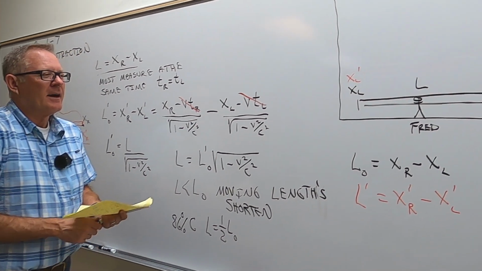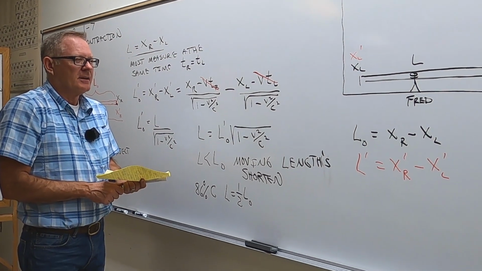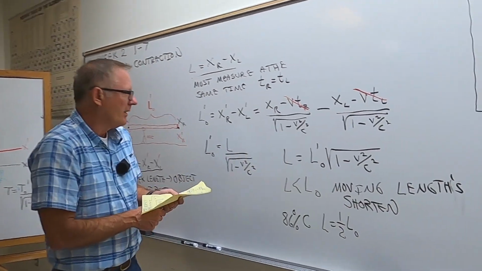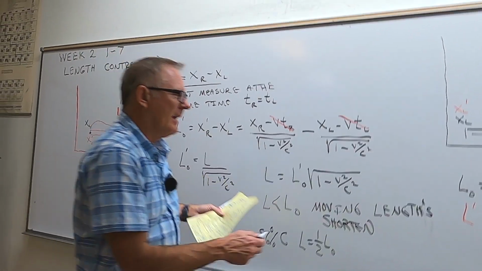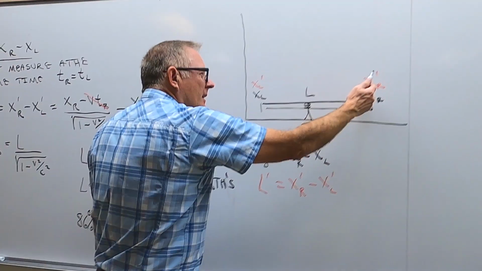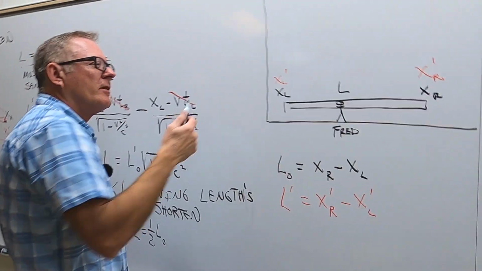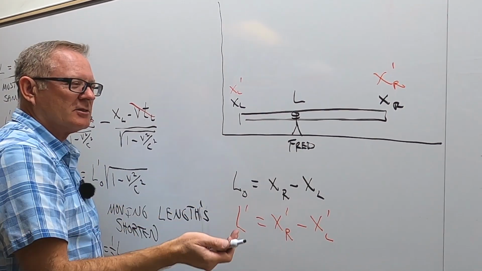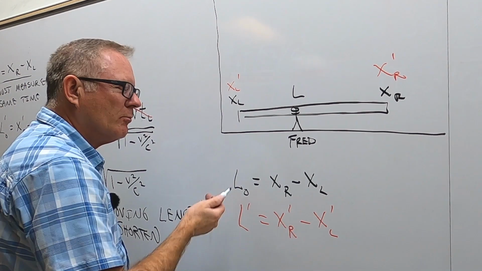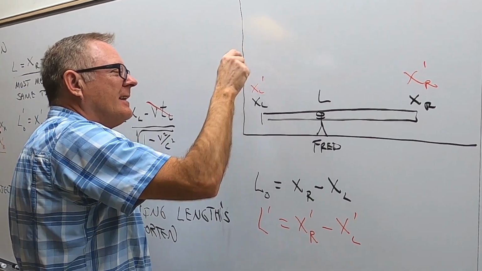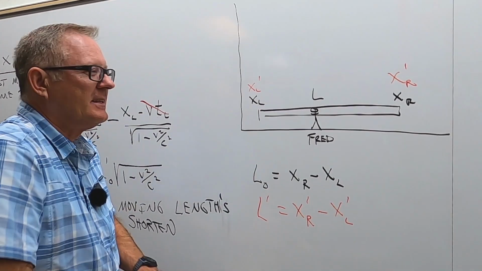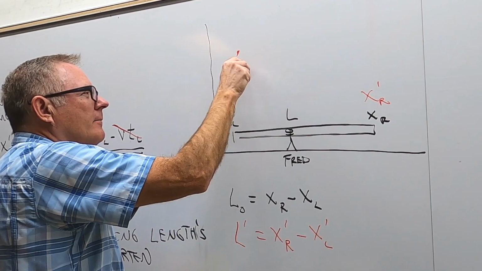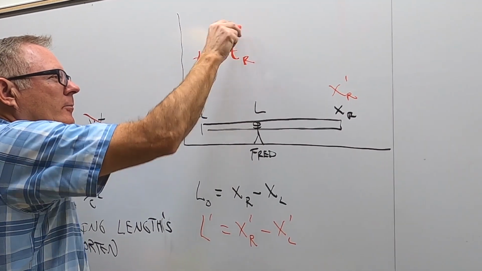Also, since this stick is moving, Mary has to measure these two points at the same time. You can't measure the length of something moving on you otherwise. So t_l prime has to equal t_r prime.